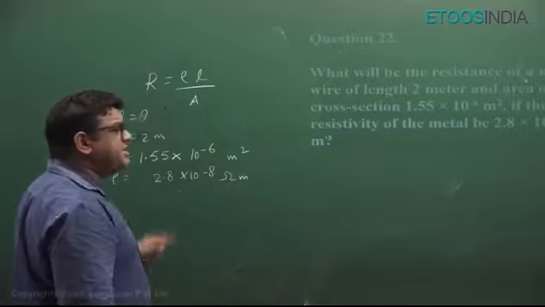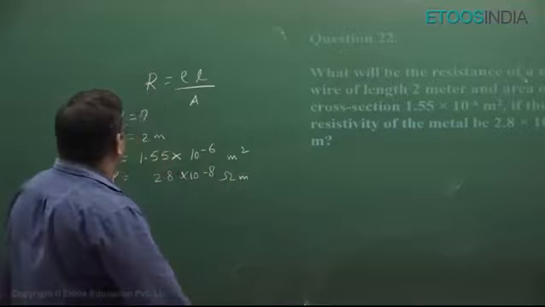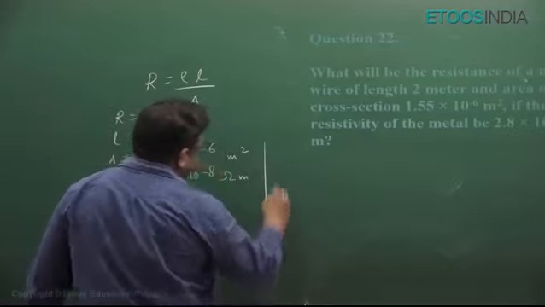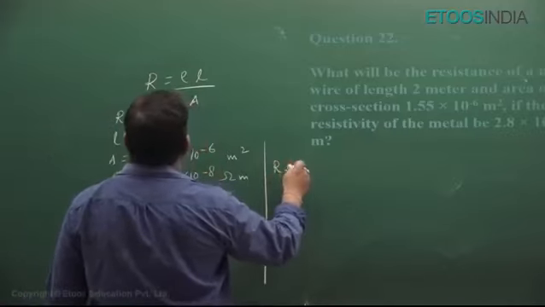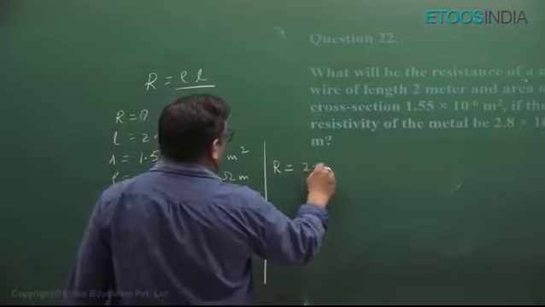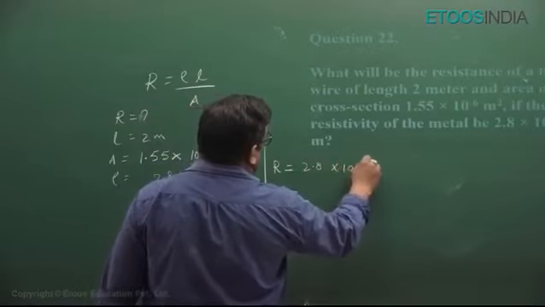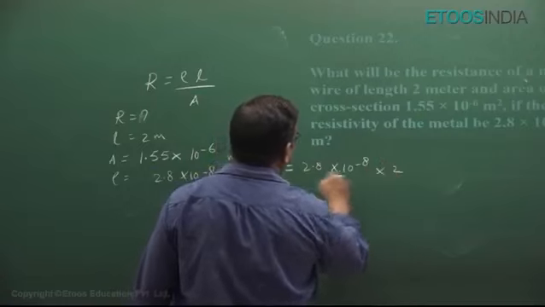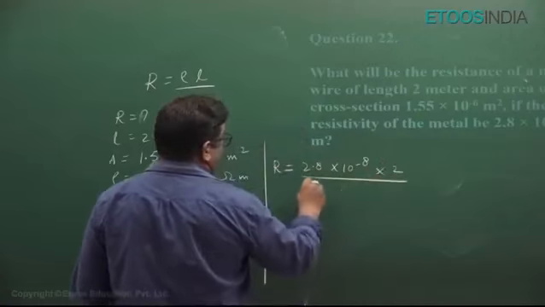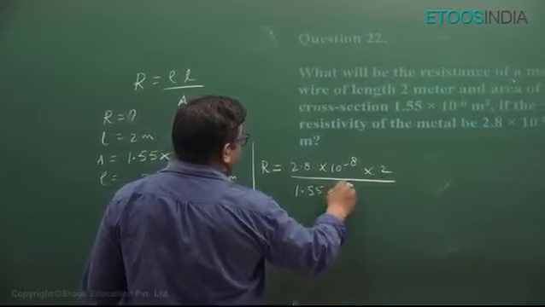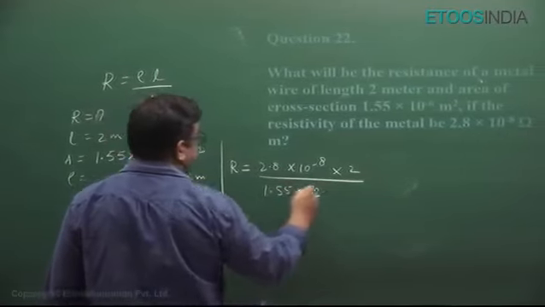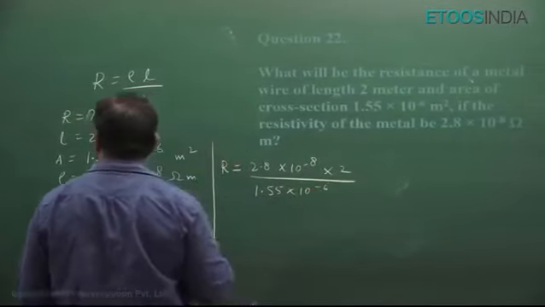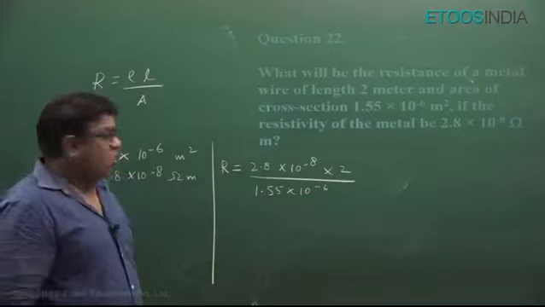By substituting simply in the formula, we find that R will be equal to 2.8 into 10 raised to power minus 8 multiplied by 2 upon 1.55 into 10 raised to power minus 6. Is it clear?